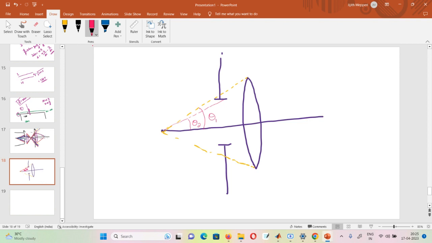Now another concept. Now you are going to put a physical aperture here. Can you just think that this will be the angle made by this one? Can it be taken as some theta 3?